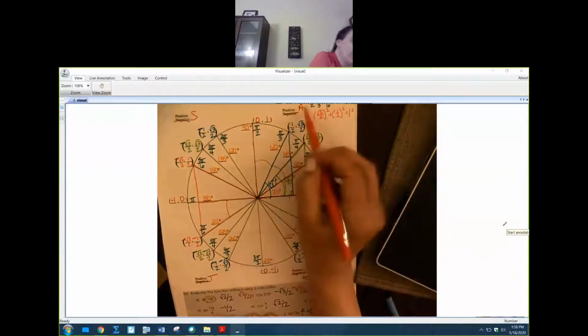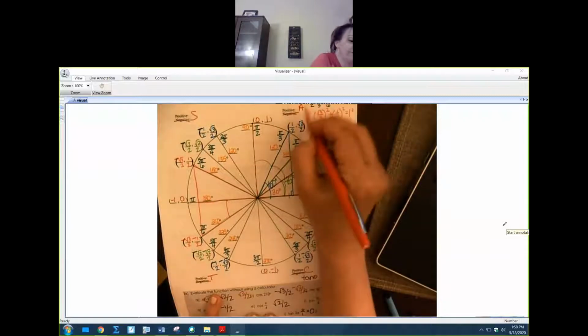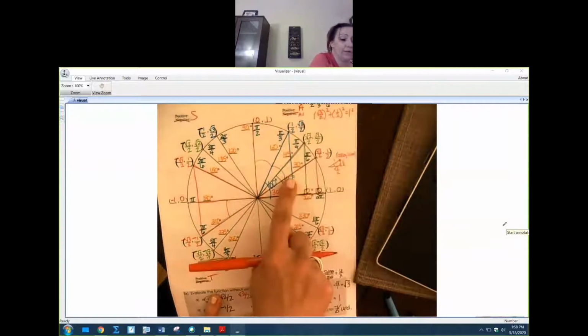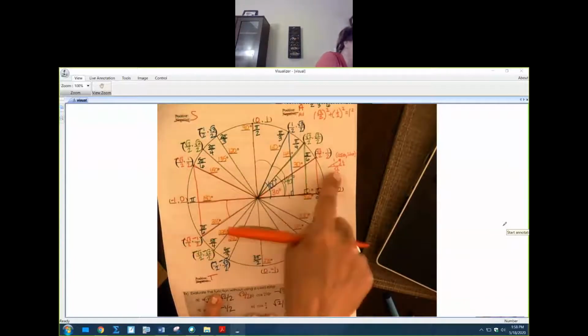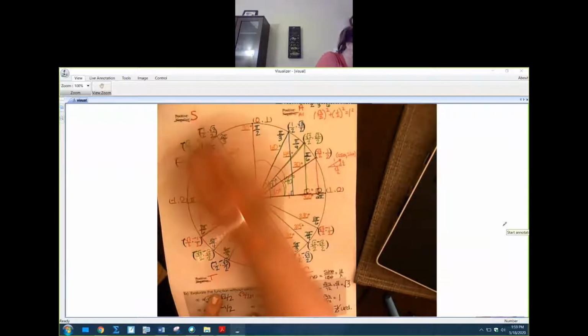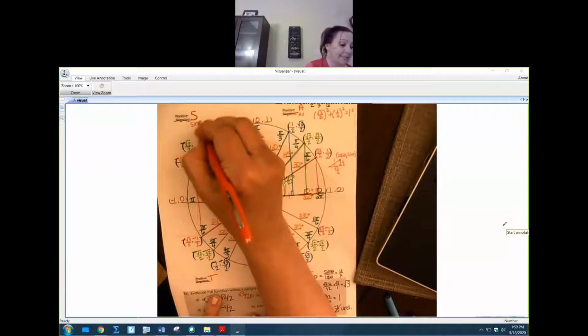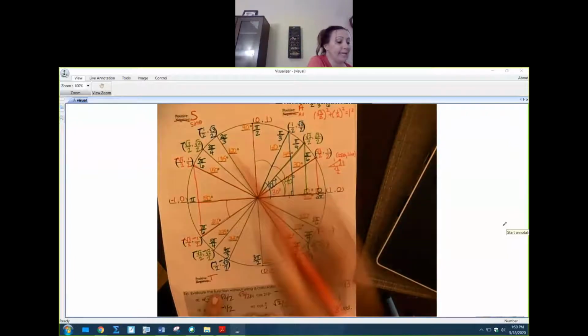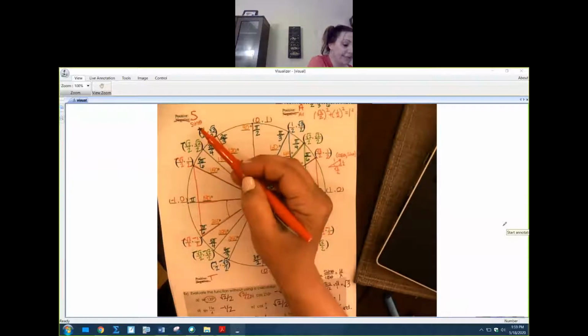So notice quadrant 1 is the A quadrant, which means that all of the trig functions are positive in the first quadrant, right? Because everything's positive. In the second quadrant, notice we have the letter S. The letter S means that the sine of theta is going to be positive, which means that anytime you would take cosine or tangent, that's going to be negative.